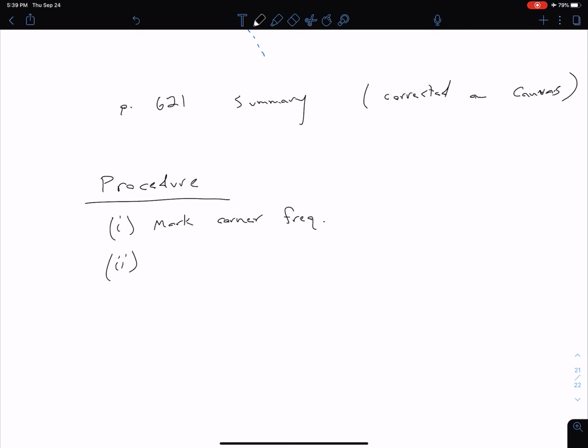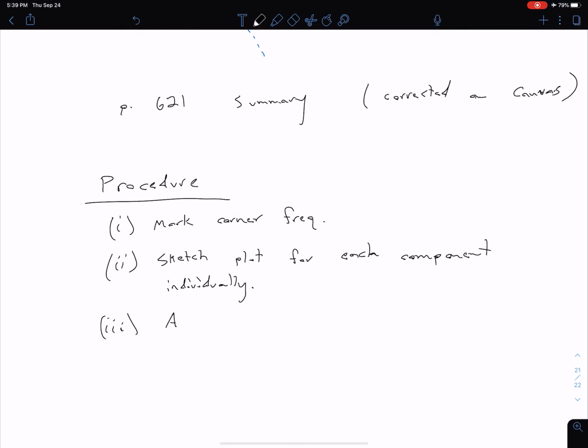The second step is to sketch the plot for each component or each term individually. The third step is to add all components together to get our overall Bode plot.